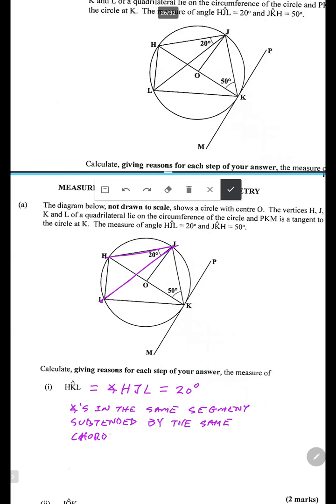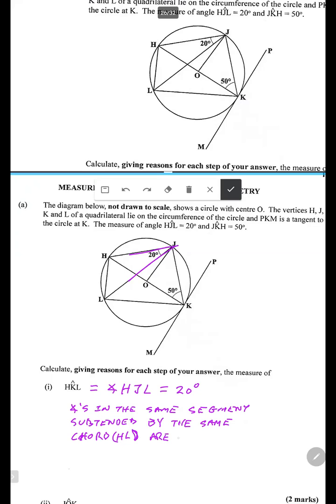The chord we're talking about is HL. HL is a chord right here. Angles subtended by the same chord HL are equal.